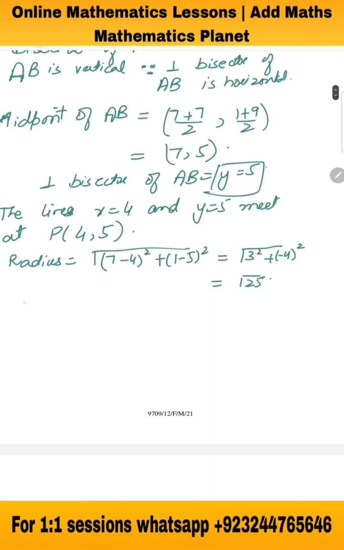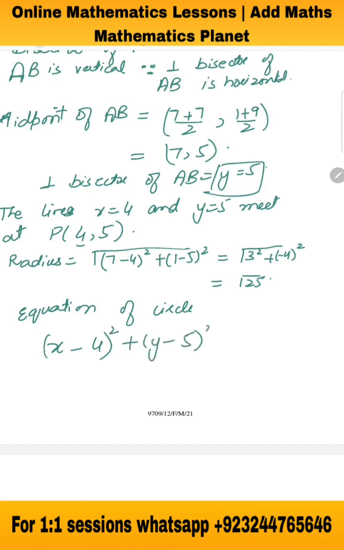Okay, so the equation of the circle is x minus a, that is 4, whole square, plus y minus b, that is 5, whole square, which is equal to r square, which is equal to 25. So x minus 4 whole square plus y minus 5 whole square is equal to 25.